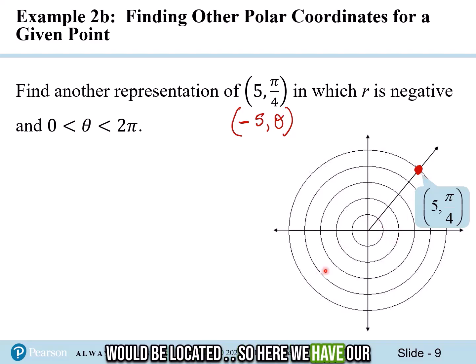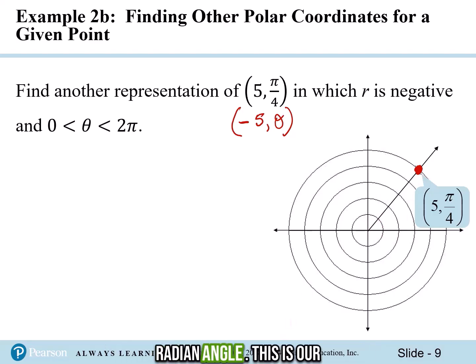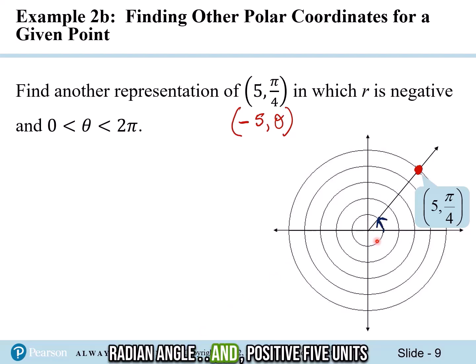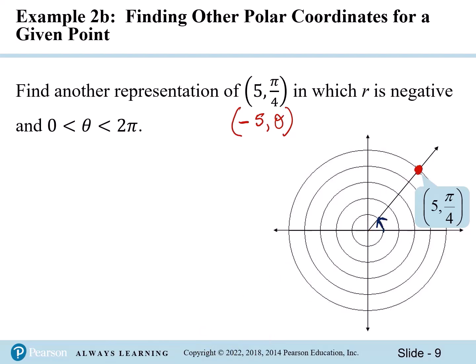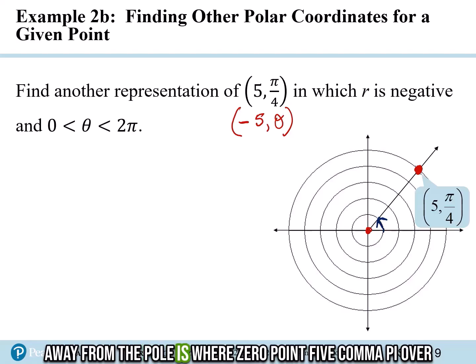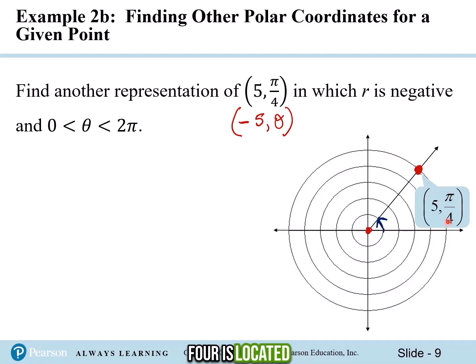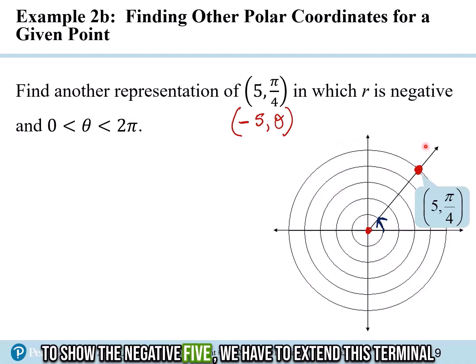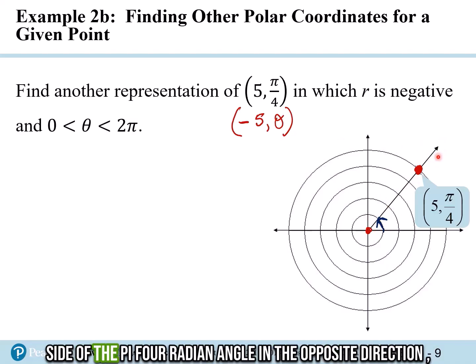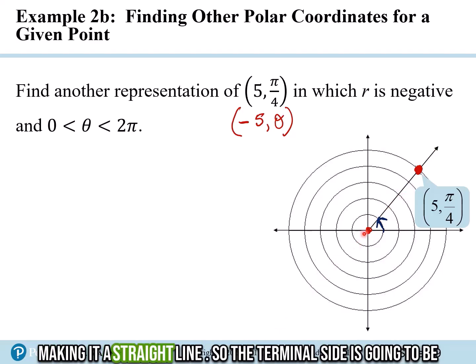So here we have our pi radian angle. This is our pi over 4 radian angle, and positive 5 units away from the pole is where the point 5 comma pi over 4 is located. To show the negative 5, we have to extend this terminal side of the pi over 4 radian angle in the opposite direction, making it a straight line.